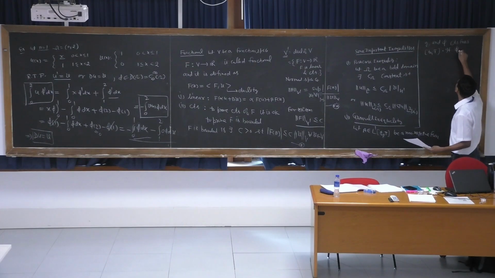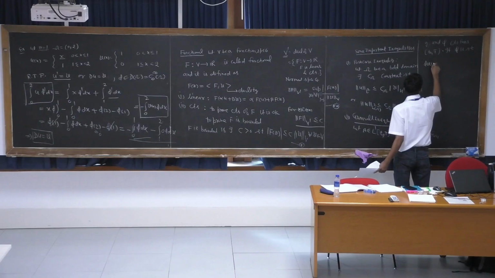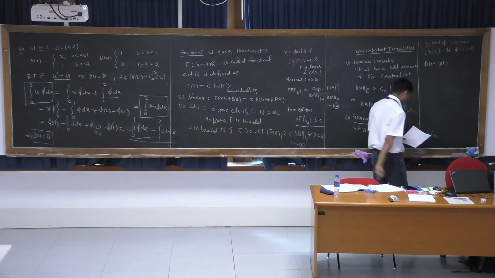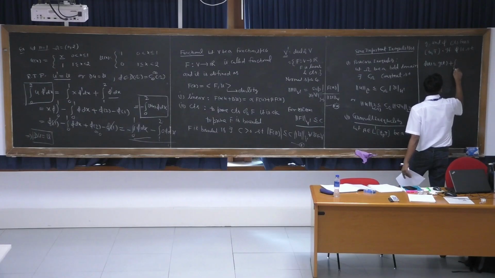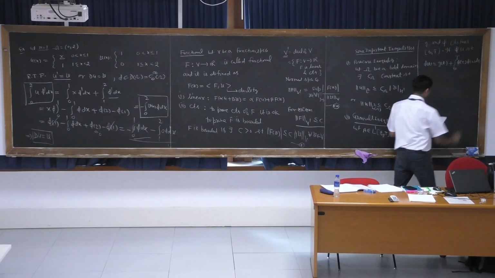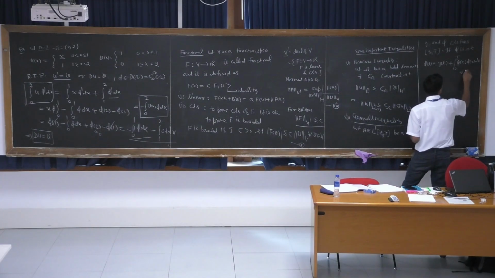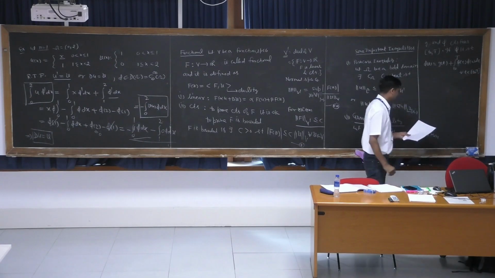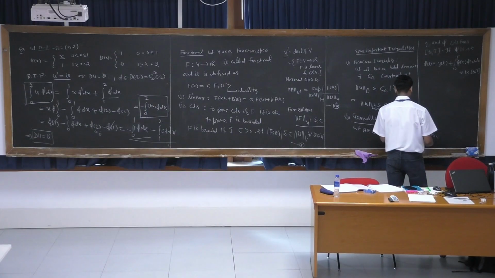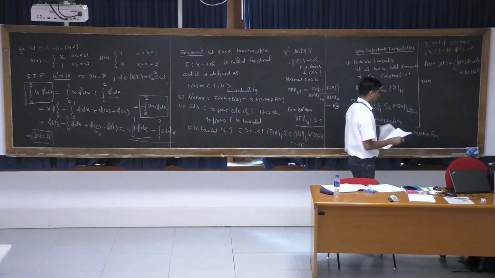If phi is such that phi of t is less than or equal to g of t plus the integral from t naught to capital T of a of ta times phi of ta d ta, for all t belonging to this interval, then what will happen?